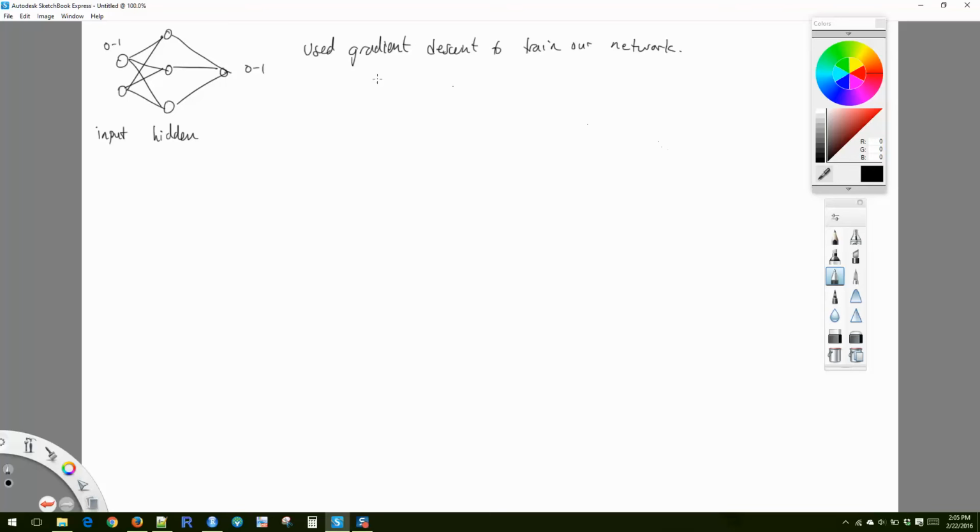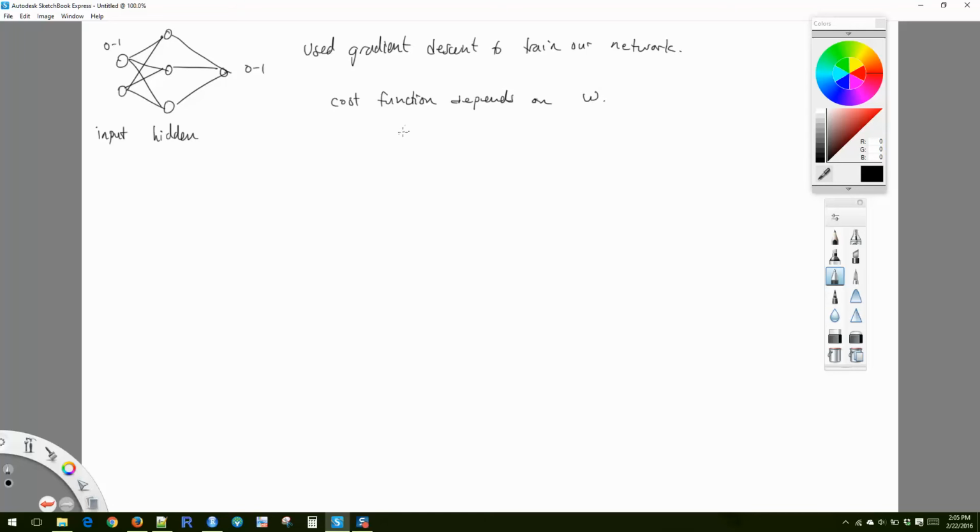Essentially, all gradient descent is: you have your cost function, which depends on the weights. We calculated the gradient at our current weight locations.